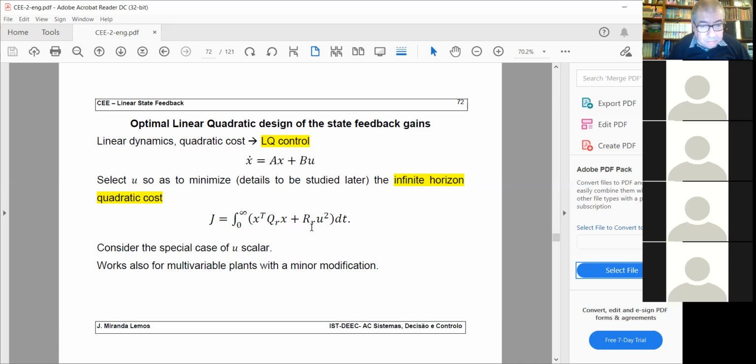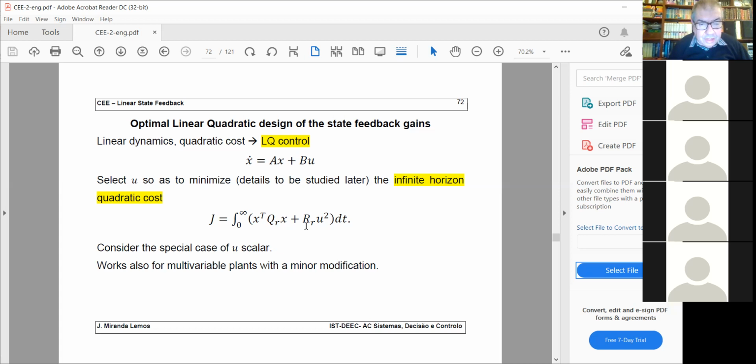If this coefficient is big, okay, then u is small because you are minimizing it, and x will be free. Okay, so small u means that you are giving freedom to your x to go away.